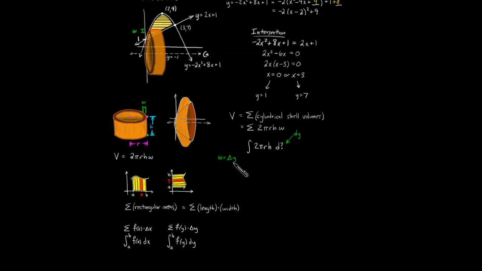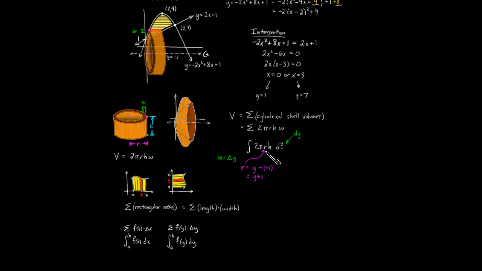It's a delta y, and so this is going to determine our variable of integration in the integral. That's going to become dy, and that's very, very important, and you always want to go after this guy first, because remember, all of these other things here will need to be expressed in terms of that variable. So I will need to find r, and I will need to find h in terms of y, so that I can actually do the integration.